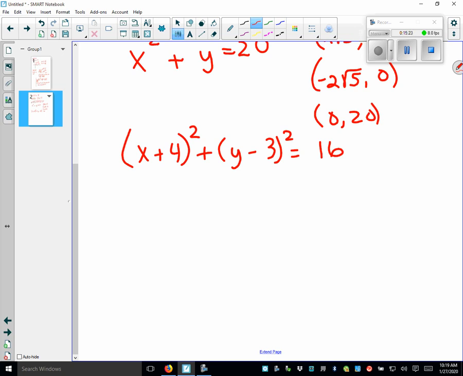Negative 4, 3. What's the radius? 4. Okay. I want to move on and come back to circles, okay? Remind me at the end to come back to circles. I'm just worried about time.